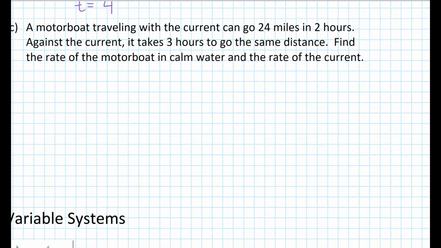Again, it's a distance, rate, time problem, so I always set up a table. I promise you, the table is so helpful. So distance, rate, time. We have two situations. What are the two situations? With the current and against the current.